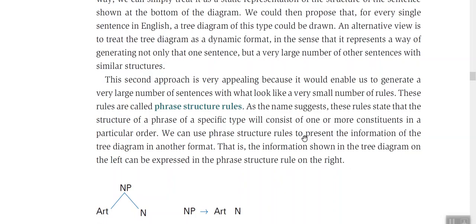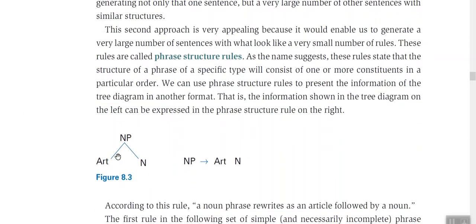These rules state that the structure of a phrase of a specific type will consist of one or more constituents in a particular order. We can use the phrase structure rules to represent the information of a tree diagram in another format.